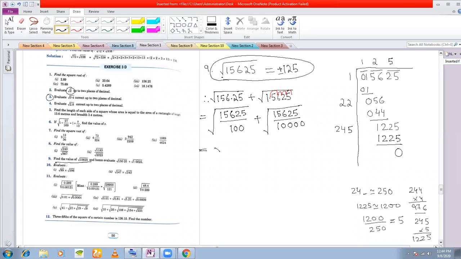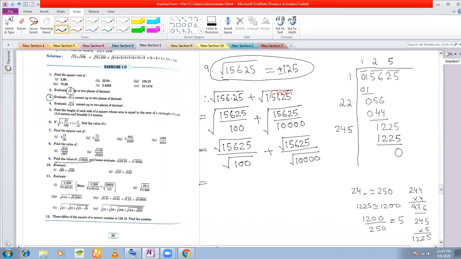Okay, so this becomes the square root of 15625 divided by the square root of 100, plus the square root of 15625 divided by the square root of 10,000.